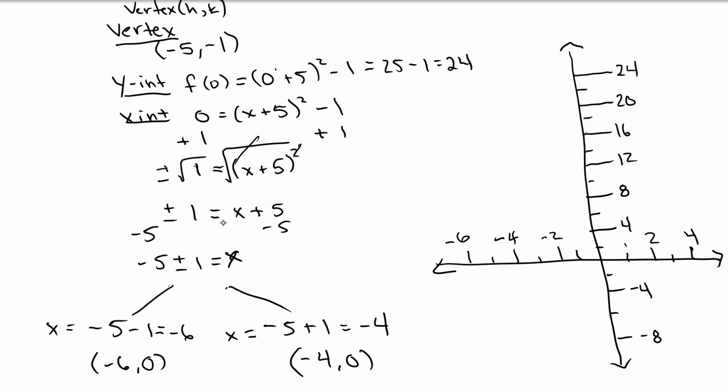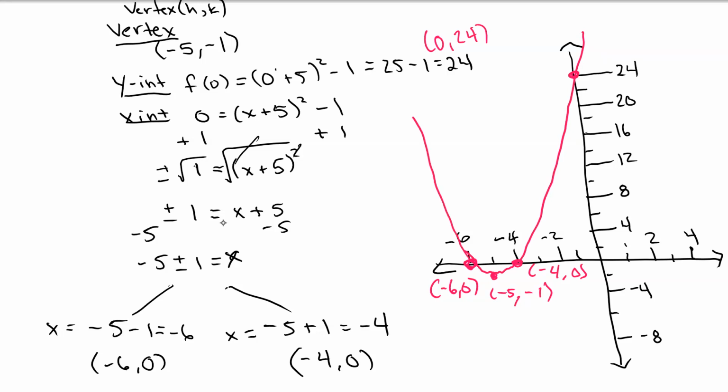So -6, 0. Vertex is -5, -1. Then we have -4, 0. And 0, 24. So we graph this guy, and we call it a day.